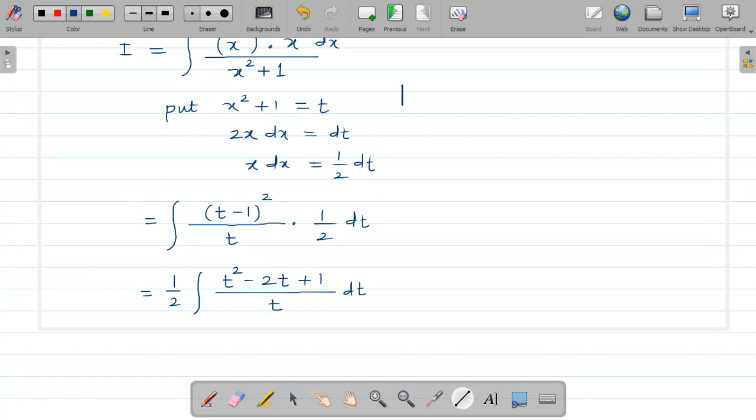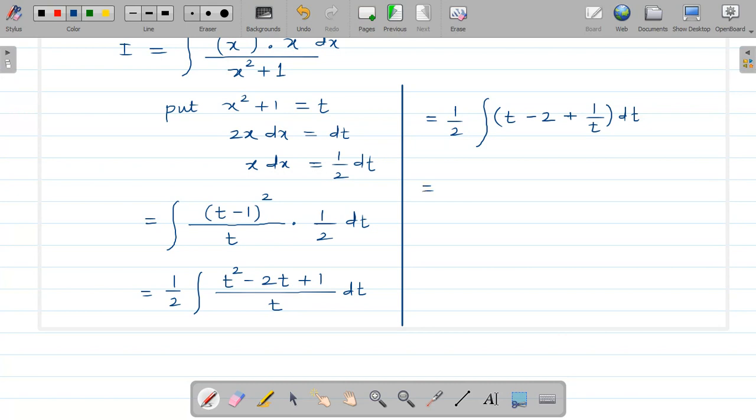To integrate this, expand t minus 1 bracket square so that it will get into the simplified form. So now 1 by 2 as it is. Now to evaluate the integration, take the separate denominator. So t square upon t is t, minus 2t upon t means minus 2, plus it is 1 upon t. By separating the denominator we get this term.